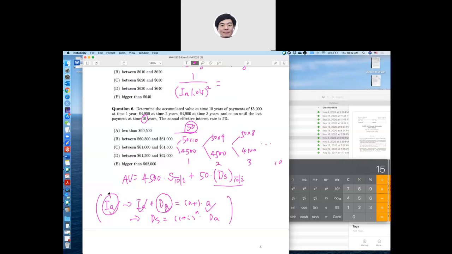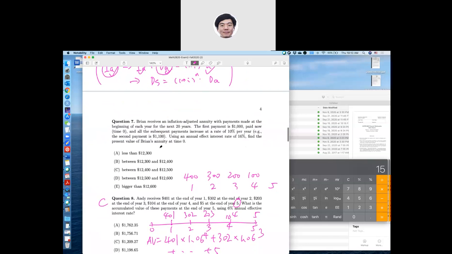I already showed here is how the load tree works. Of course, you can also try to calculate PV, because usually maybe you are more comfortable with present value. Once you know the present value, AV is 1.05 to the 10th times PV. So it doesn't matter which one you take.